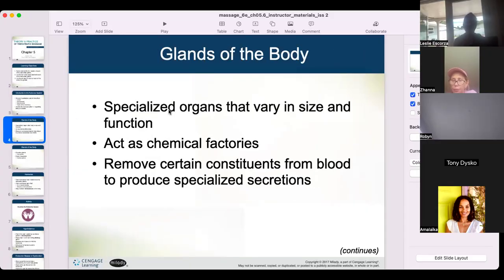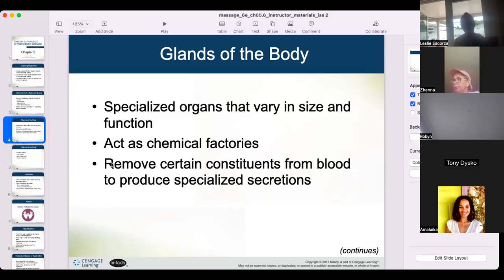So these are specialized organs, and they vary in size and function. Each gland has a different size and different function, and they act like a chemical factory, just like a pharmacy. Think of it as a natural pharmaceutical factory in the body. Each gland will create some sort of hormone that will allow the body to do something specific: digest something, increase heart rate, lower heart rate, whatever the body needs to balance between the sympathetic and the parasympathetic.